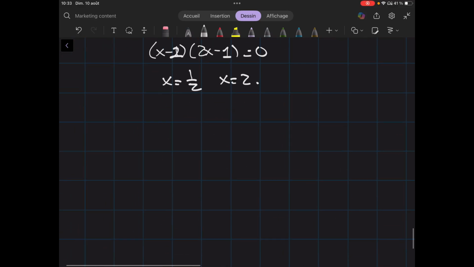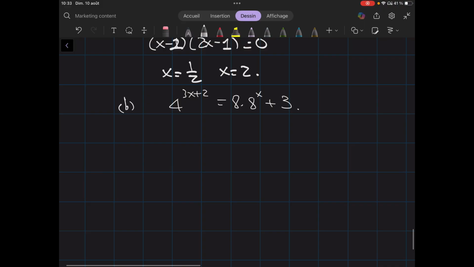Part B. 4 to the 3x plus 2 is 8 times 8 to the x plus 3. What are we going to do here? 4 to the 3x plus 2, and let's break it down.